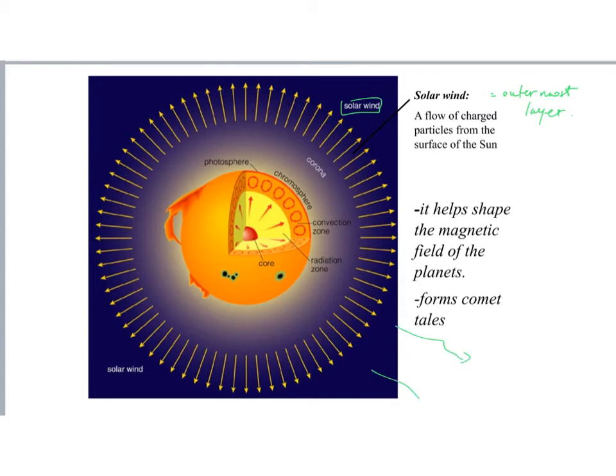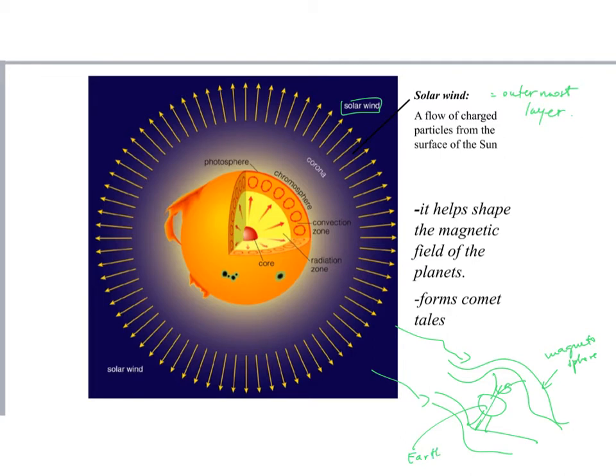So all these come and they meet a planet like Earth that rotates, and it has a magnetic field, and it creates a magnetosphere. It kind of goes like this. And this magnetosphere keeps us safe from other charged, very energetic particles out there. So this was Earth as an example.